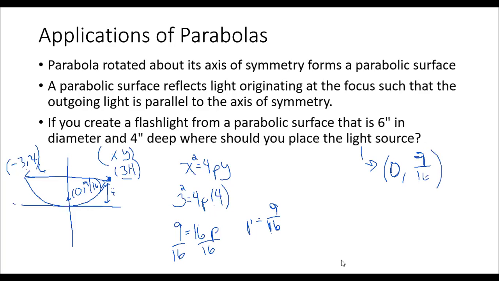Okay, so the trick in all of these is putting your vertex at 0, 0, and then finding 2 points, finding out if you need an x squared equation or a y squared equation, finding out what p is, and then solving from there. Okay? If you have questions on how to graph parabolas, there's 2 other videos on those, and please take a look.